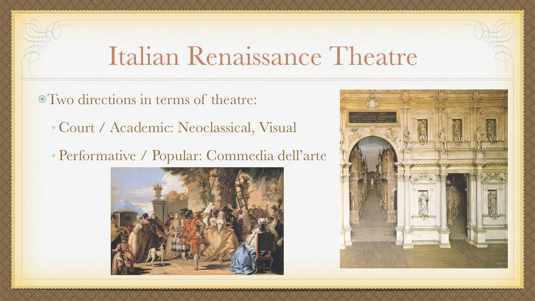The reason that we don't read any of these plays from either of these two genres in Theater 317 is quite simply because the court and academic theater was pretty to look at, but kind of boring. It was a sort of historically overly reverent appreciation and redoing of all the Greek and Roman stories. They just didn't do them quite as well.